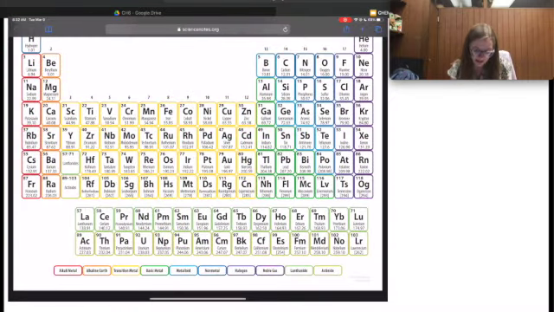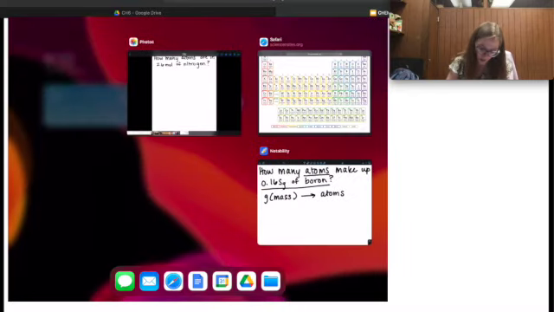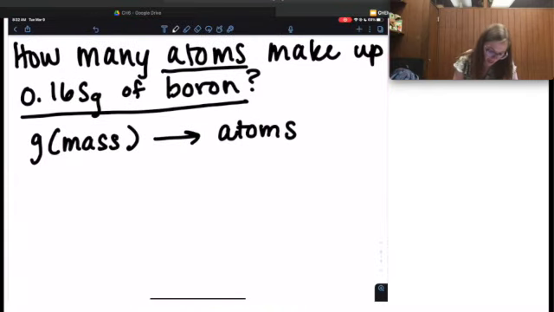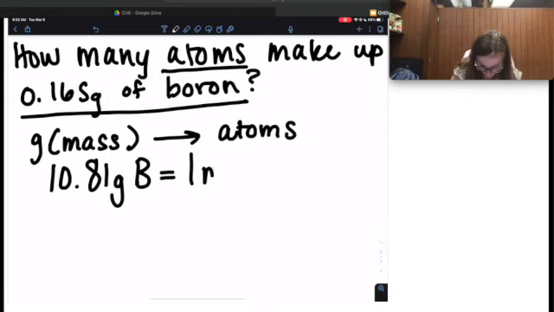The periodic table shows me that boron, number 5, has a molar mass of 10.81. So boron has a molar mass of 10.81 grams for every 1 mole of boron.